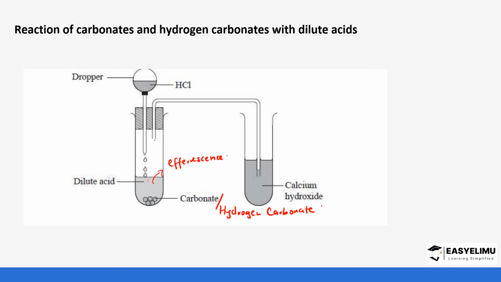This colorless gas goes through this tube to this test tube containing calcium hydroxide, and after a while you notice a white precipitate, which tells us the gas that is being formed is carbon dioxide gas. So when hydrochloric acid reacts with carbonate or hydrogen carbonate, a salt is produced and also carbon dioxide is produced.